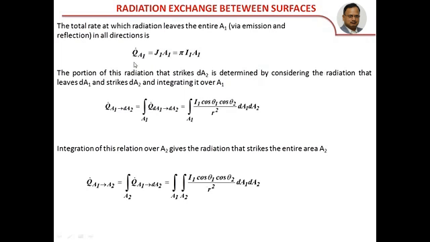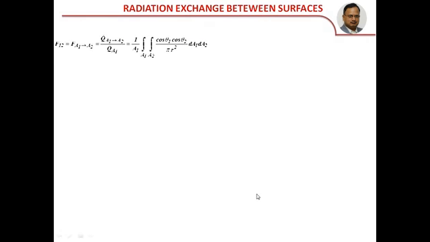That will give the total rate we have seen already as pi I1 A1. And Q A1 to A2 is the integral of Q dA1 to dA2, which is I1 cos θ1 cos θ2 by r square dA1 dA2, and integration of this between the limits A1 to A2 gives the radiation that strikes the entire area, Q A1 to A2, as the double integral over A1 and A2 of I1 cos θ1 cos θ2 by r square dA1 dA2.